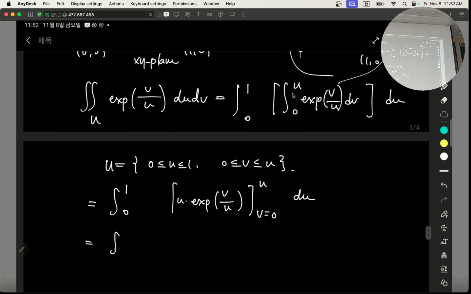When you plug in u for v, you get exp of u squared, and when you plug in 0, you get just 1, so du. The rest of the calculation is easy, so I'll leave it to you. That's how you can compute the integral.